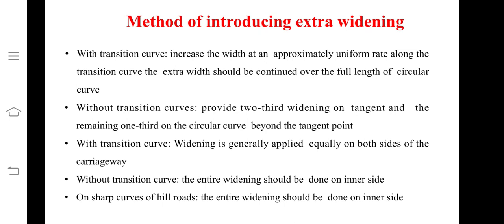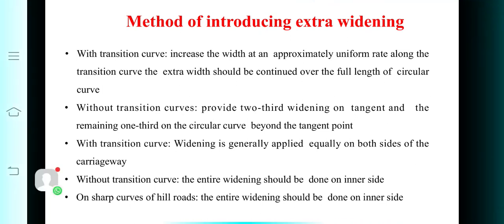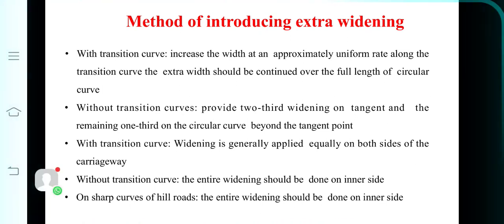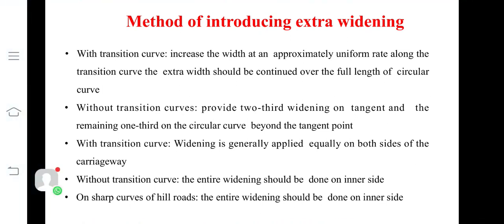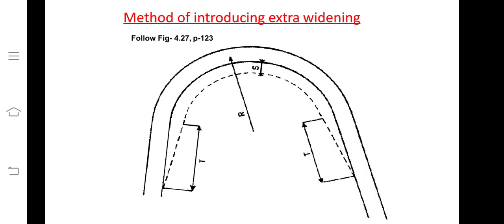Without transition curve, provide 2/3 widening on either side of the curve. Without transition curve, widening is generally applied equally on both sides of a carriageway. With transition curve, the entire widening should be done on the inner side. On sharp curves of hill roads, the entire widening should be done on the inner side.